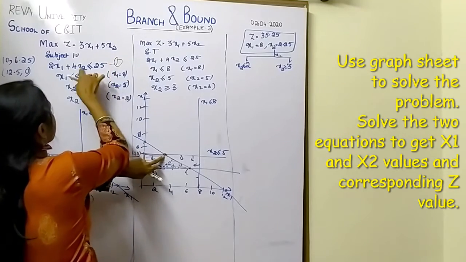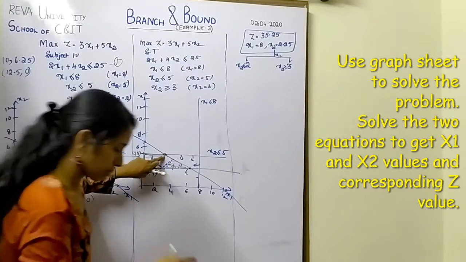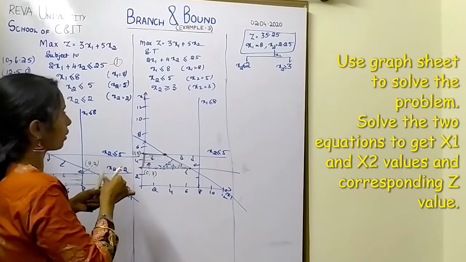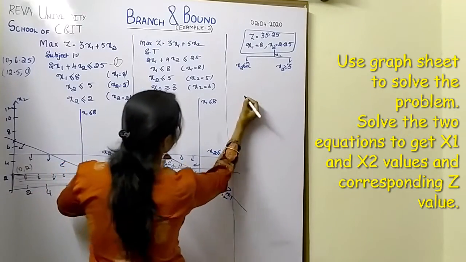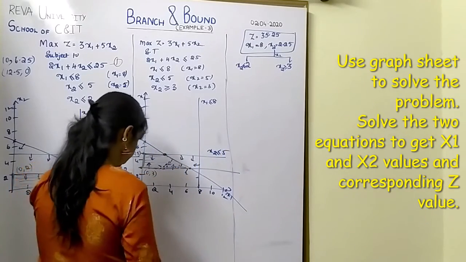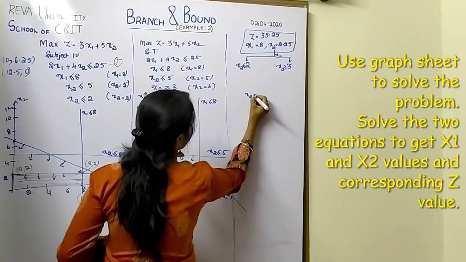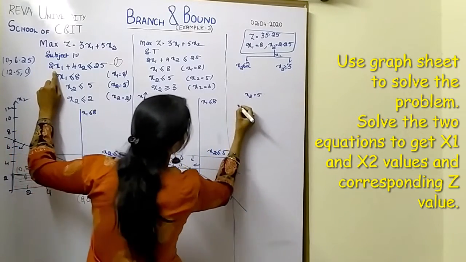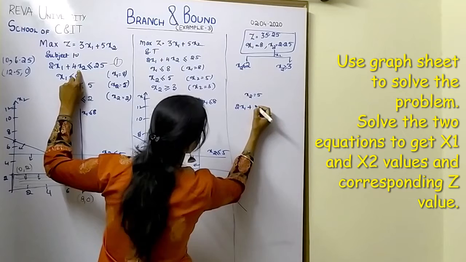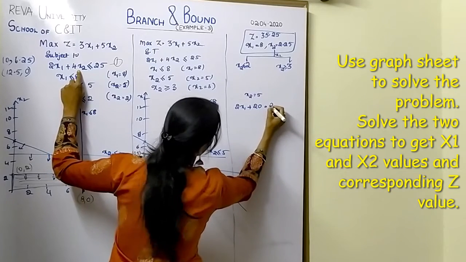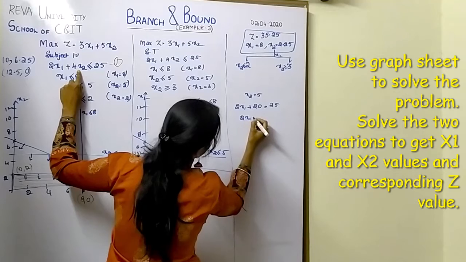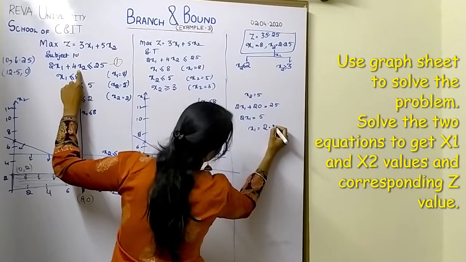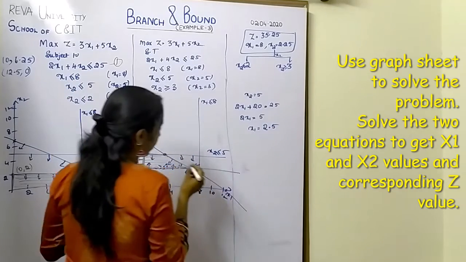So 2x1 plus 4x2 is equal to 25. 2x1 plus 20 equal to 25. 2x1 equal to 5. x1 is equal to 2.5.